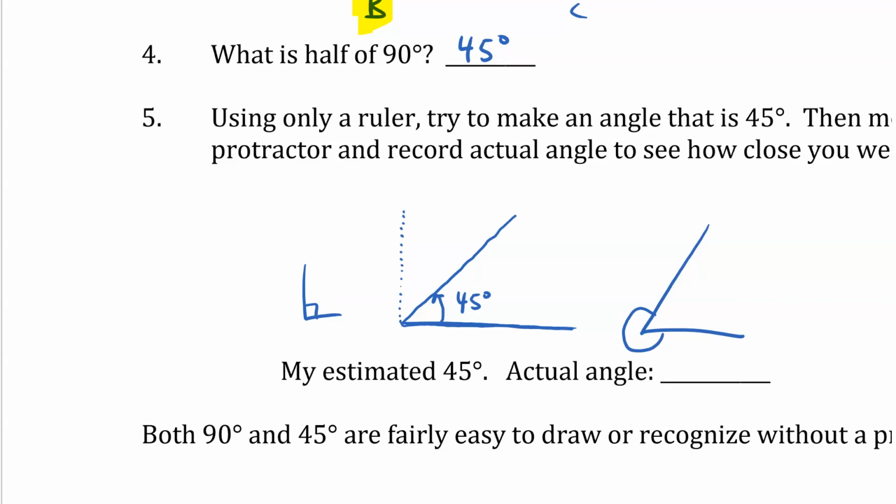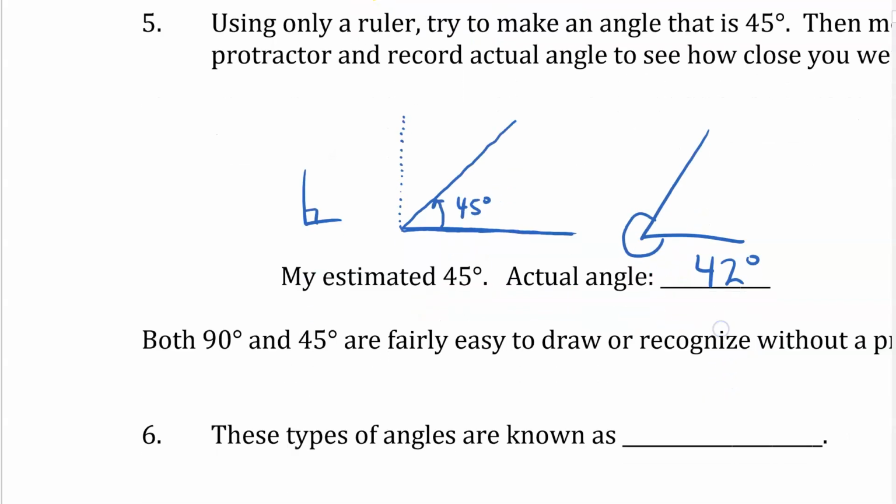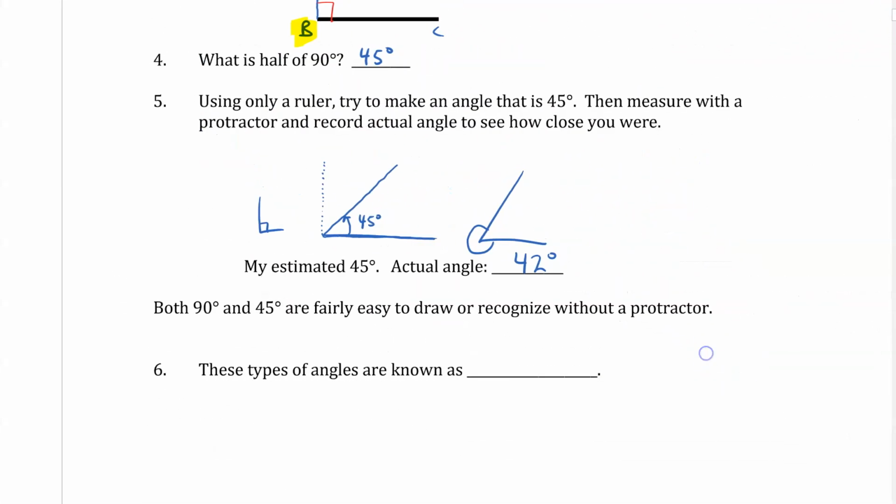And let's say I got out my protractor and I measured it, and maybe it's at 42 degrees. I think people often, when they estimate things, draw it less than 45, even though they think it is 45 degrees. Okay, both 90 and 45 degrees are fairly easy to draw or recognize without a protractor.